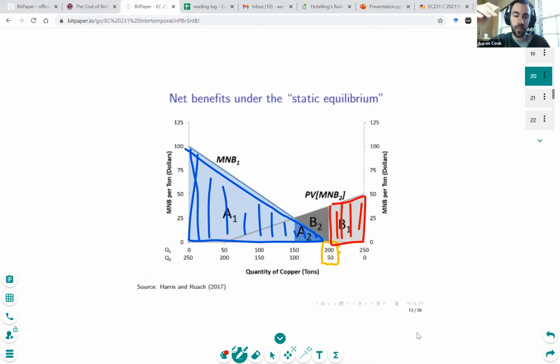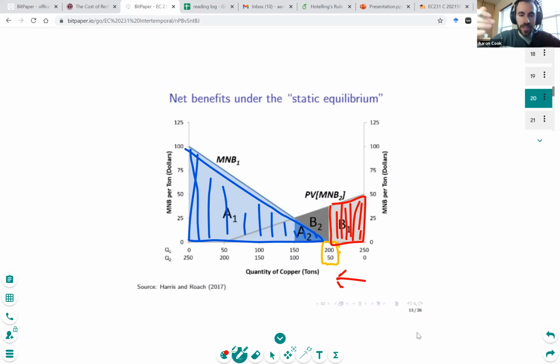That's the area below your second period marginal benefits between 0 and 50. The reason it stops there is that if we're consuming 200 in the first period, we only have 250 total units, so there's only 50 remaining in the second period to consume. So our benefits are only represented by the area below this curve up until 50 units. We miss out on area B2 by consuming that extra 50 in period 1 rather than leaving it for period 2.